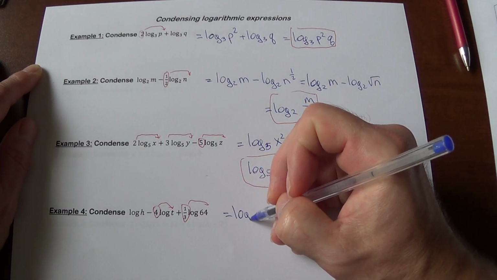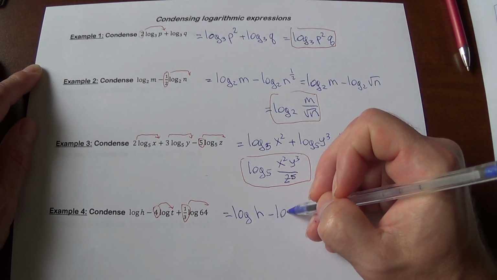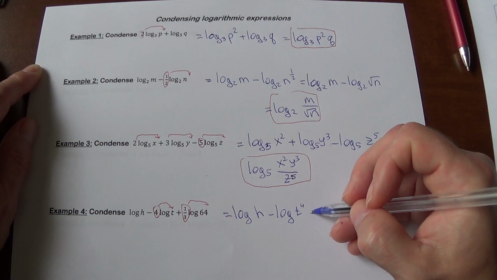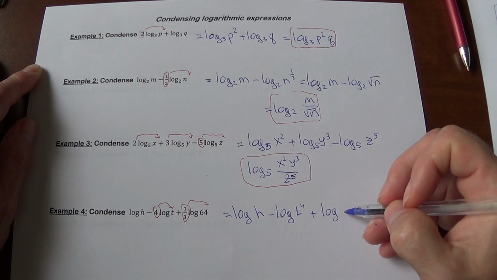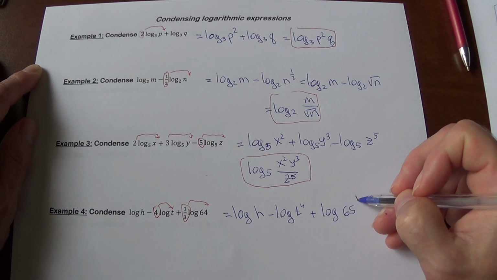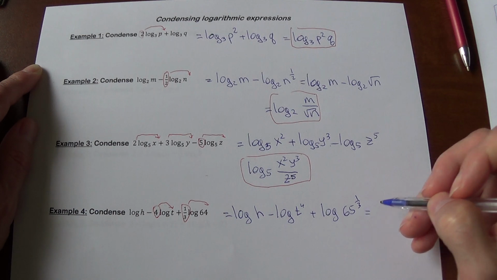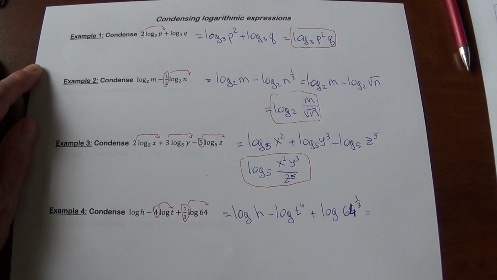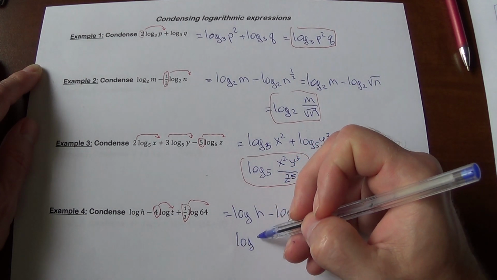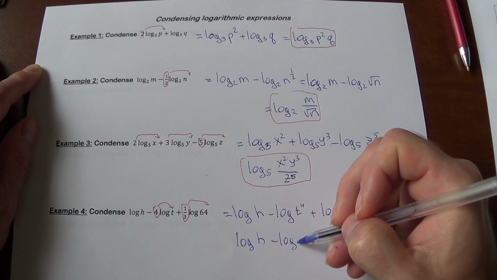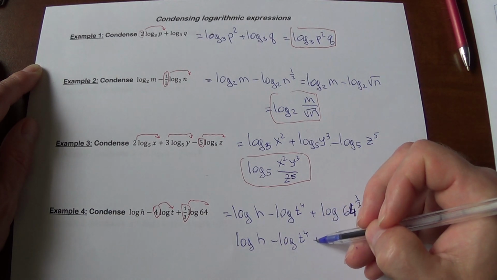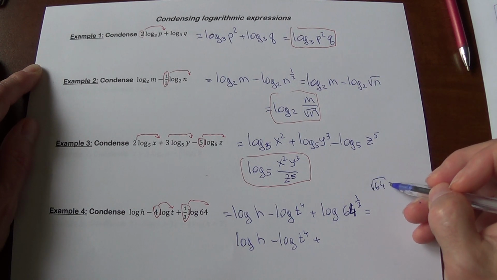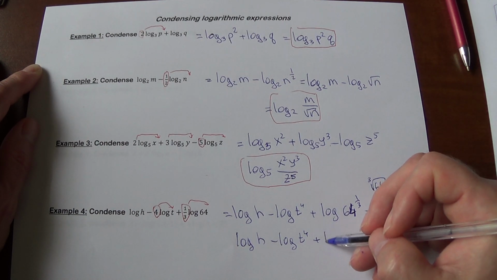So first we're going to rewrite that: log h minus log t to the 4th plus log 64 to the power 1/3. 64 to the power 1/3 is actually a number that you can evaluate. This would be log h minus log t to the 4th plus, this is a cube root of 64, which is 4. So this is log 4.